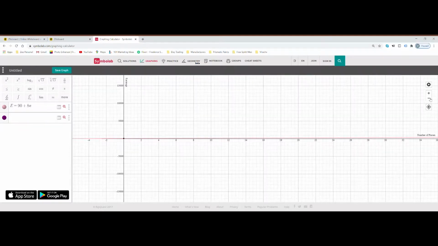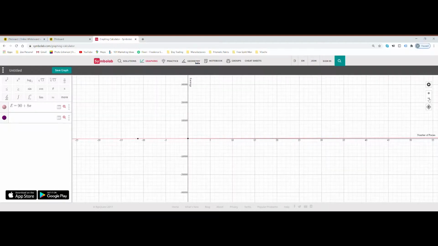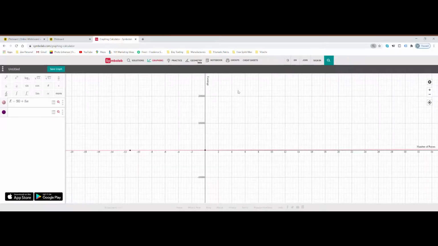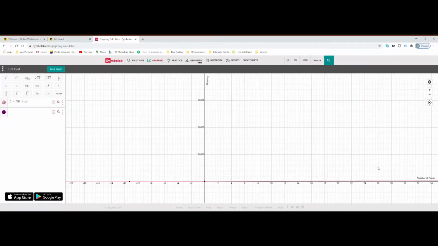And then let's just make this a little smaller so we can see. Then here, the Y minimum is 0 and the max is for 30.